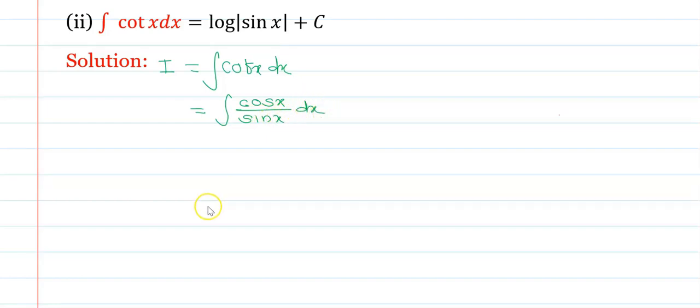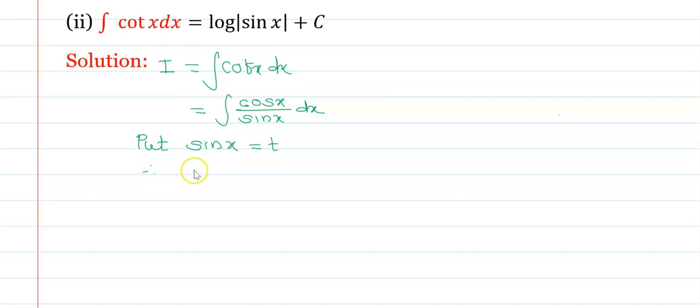Now put the substitution. It's very clear that here the function is present and its derivative is present. We take the function sin x, and its derivative is cos x. Put sin x equal to t.